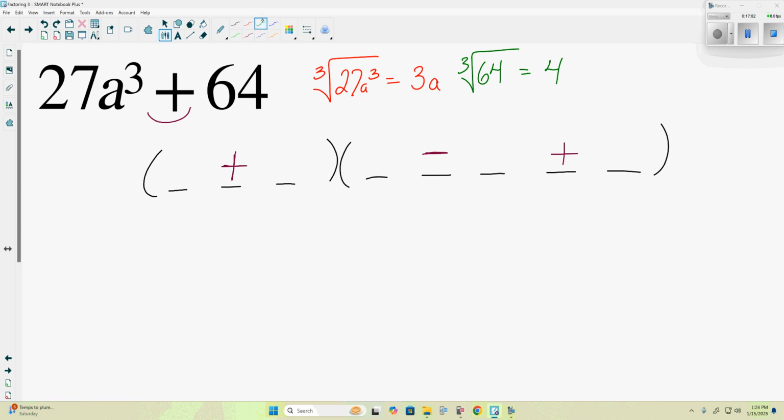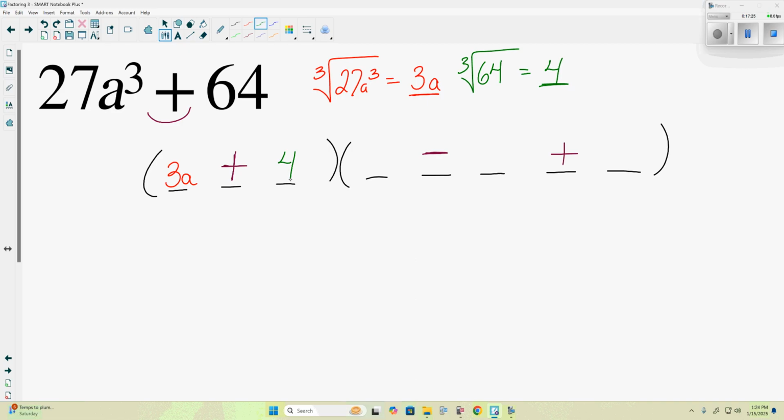Let's look at our first term, 3a. In the first spot, in our smaller set of parentheses, it's going to be 3a. Our second term in our other spot is going to be just 4. We just put those two terms in. They're to the first power. We don't have to do anything to them.